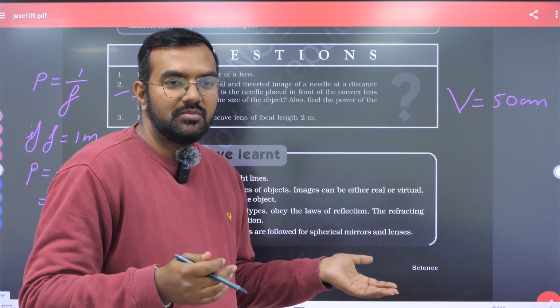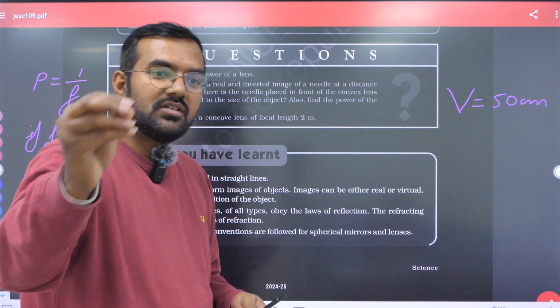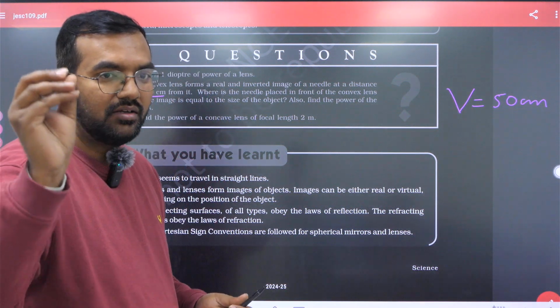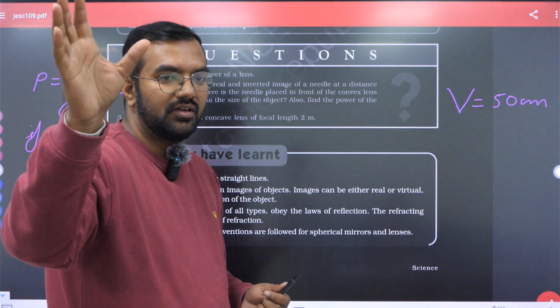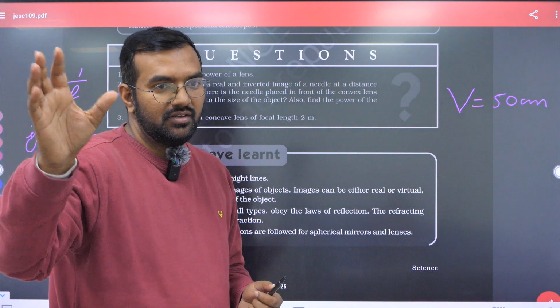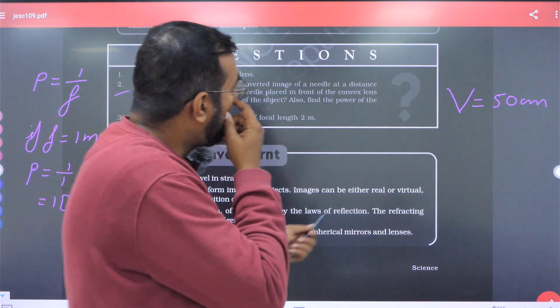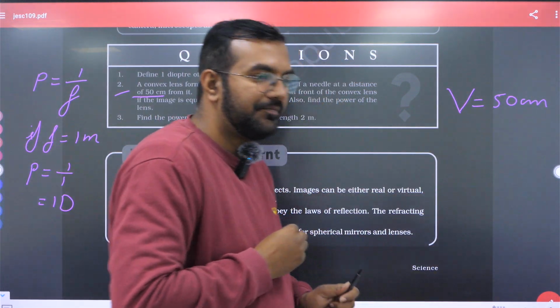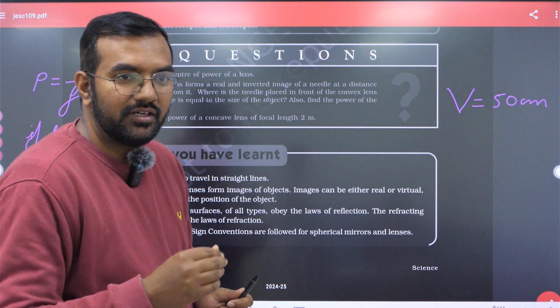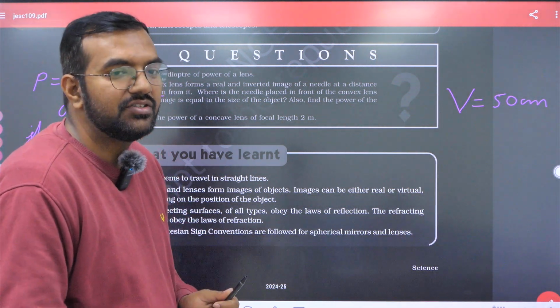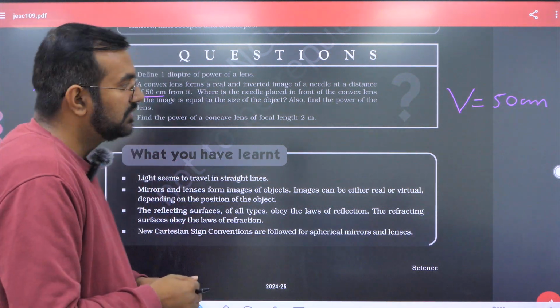It is only possible if the object is on the center of curvature. So we can say that 50 centimeter is the center of curvature. The focal length is 25 centimeter.